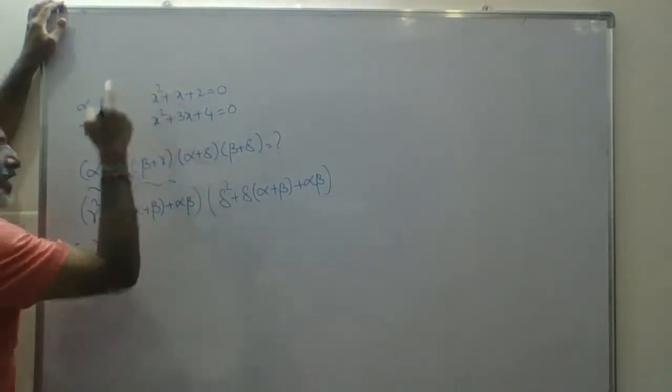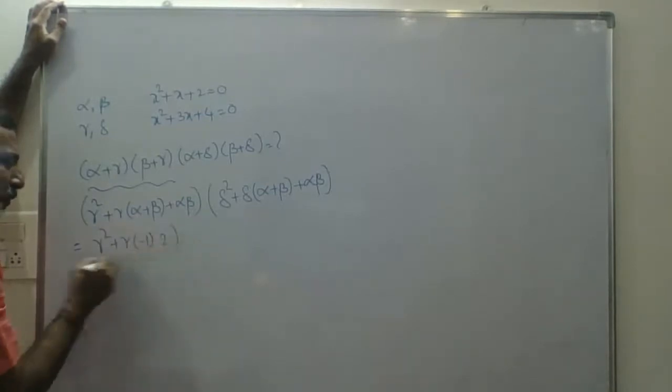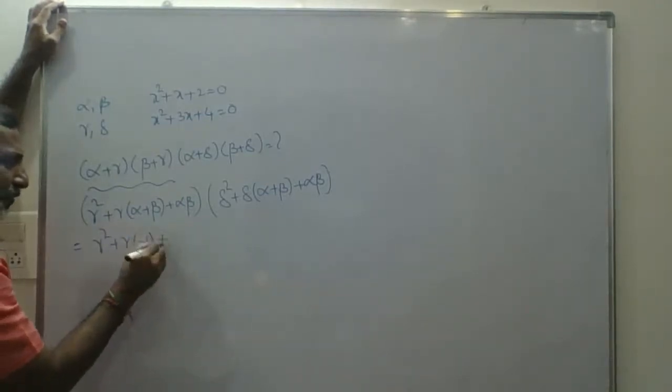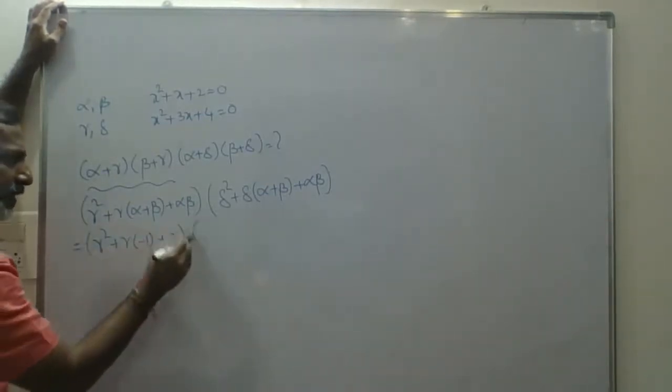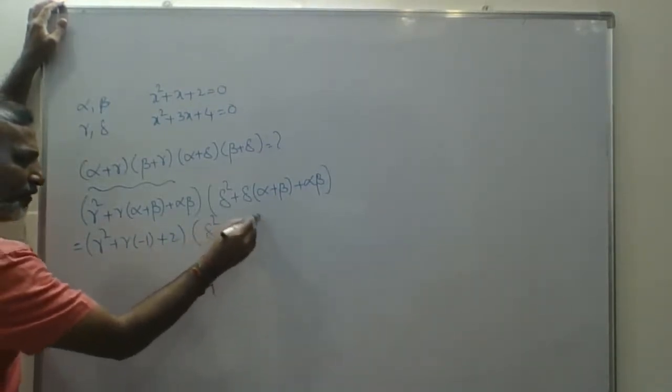Alpha plus beta is minus 1, the sum of the roots. Alpha beta is 2. Here, delta square plus delta into minus 1 plus 2.